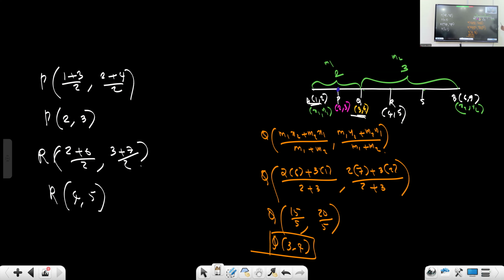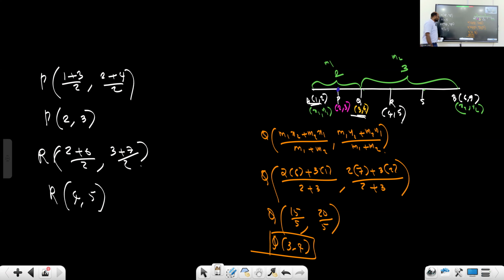S is the midpoint of RB. Next line. S is the midpoint of RB.